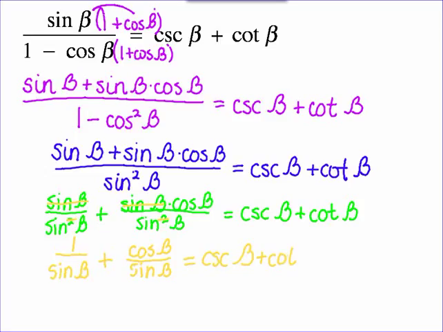My final step will be to rewrite those. We know 1 over sine is cosecant, and I know that cosine over sine is cotangent. And so there you go.